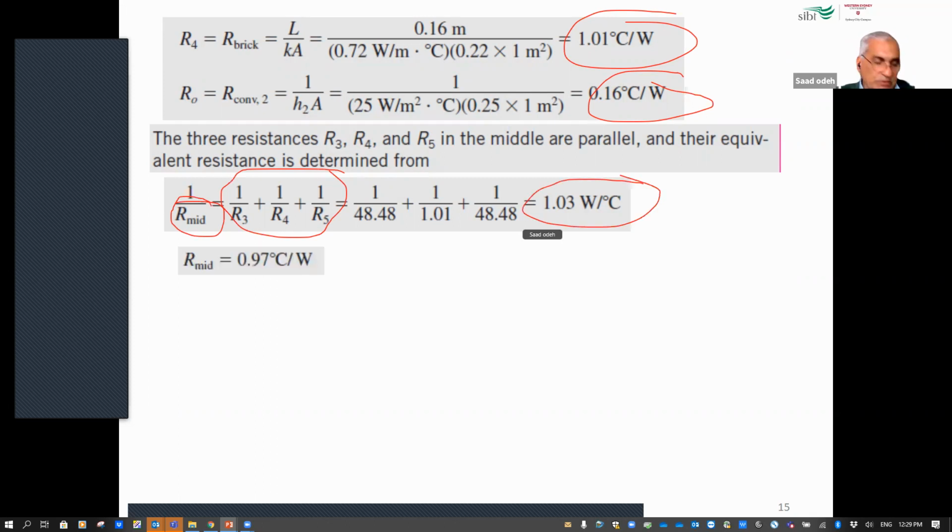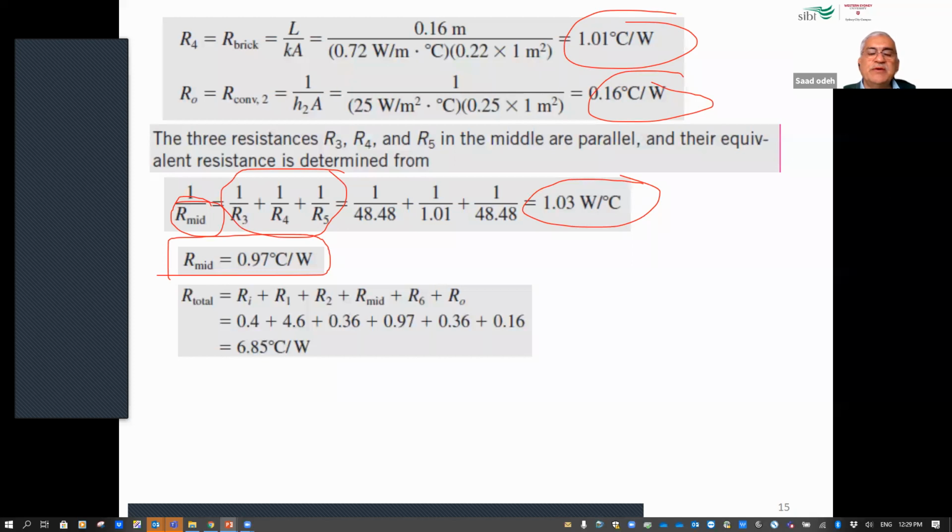This is the combination of the thermal resistances of the three layers in parallel. And then we add this to the other in series. As you can see, we have put this in the equation with the other in series, and we get the total thermal resistance.